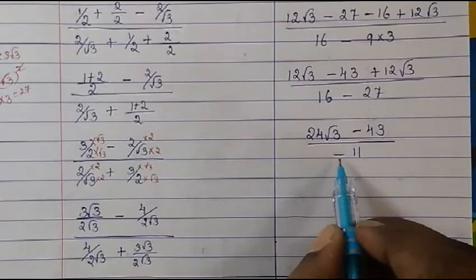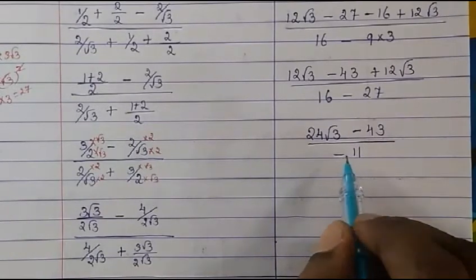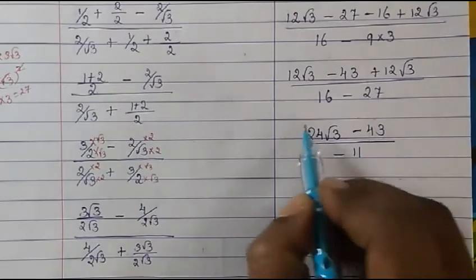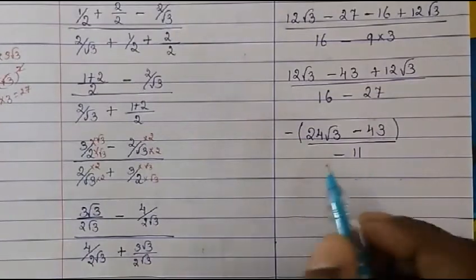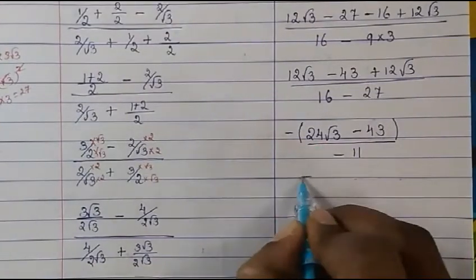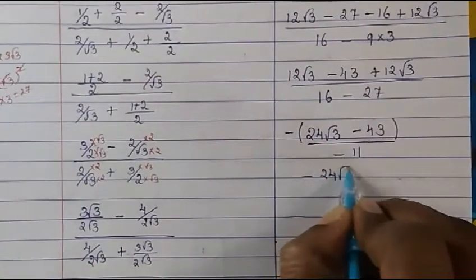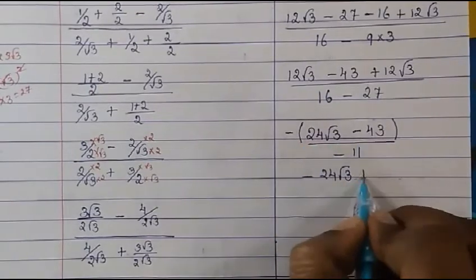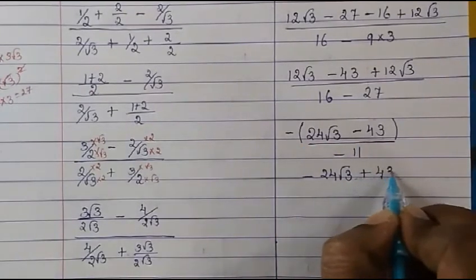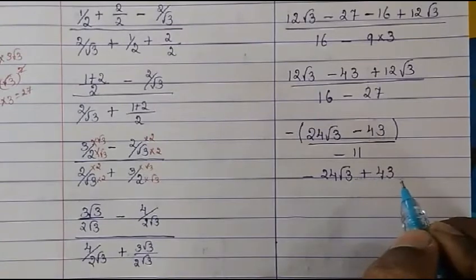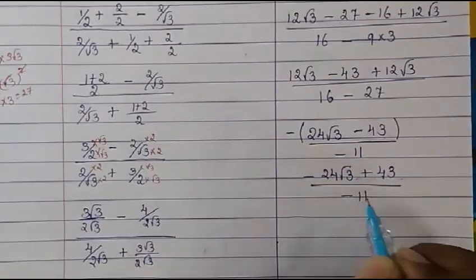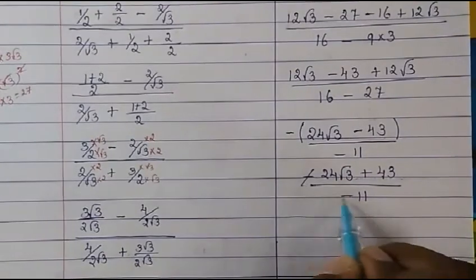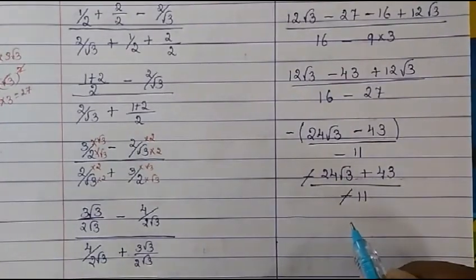Okay, so now in the denominator we have a minus. So we have to cancel this minus. For that, this whole bracket multiply with minus. So we will get minus 24 root 3, minus into minus plus 43. So now this minus 11. Okay, so now minus will get cancelled.